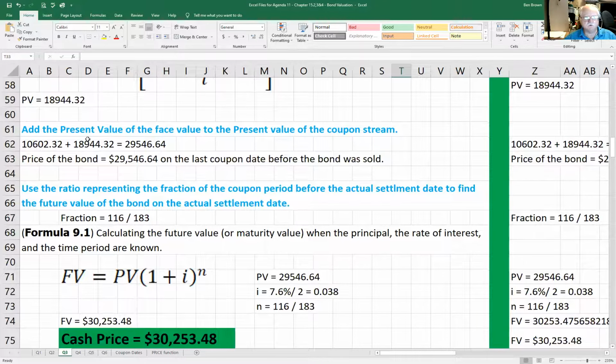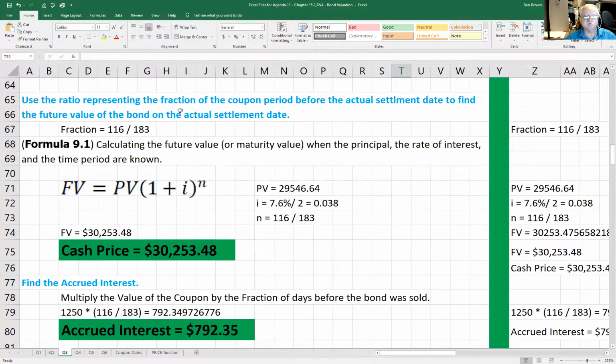So what we do is when we add these two together, we find the price of the bond on the last coupon date before the bond was sold. So we know what the bond would be worth if it was sold on the coupon date, but now we have to worry about the fraction of the coupon before the actual settlement date.